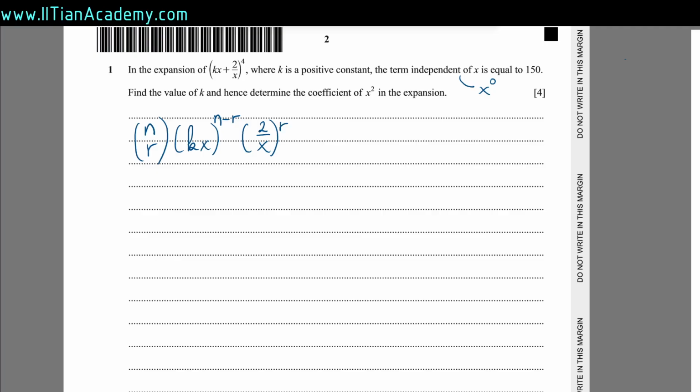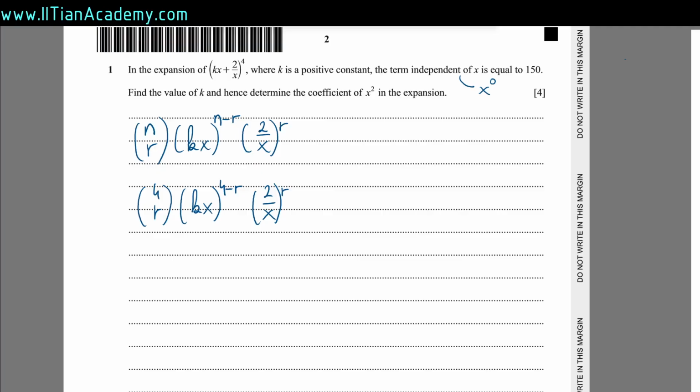And we also know that when the power of x overall in this expansion is 0, the coefficient will be 150. If we rewrite this, we have 4 choose r multiplied with kx to the power of 4 minus r, and then 2 over x to the power of r. We have to see what r has to be such that the exponents of x cancel out.